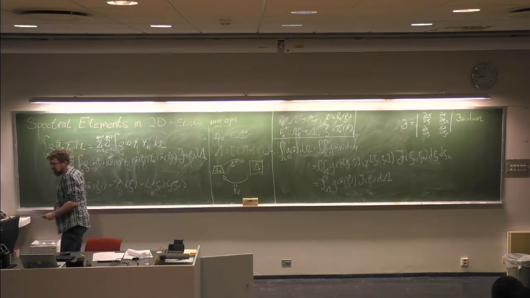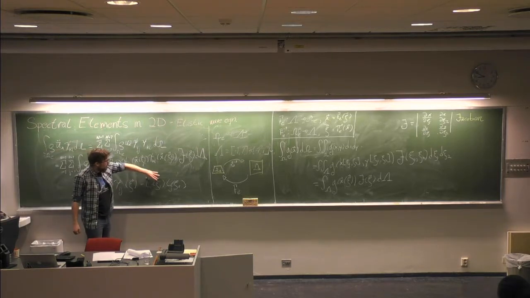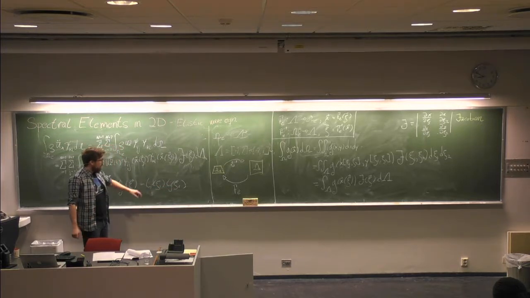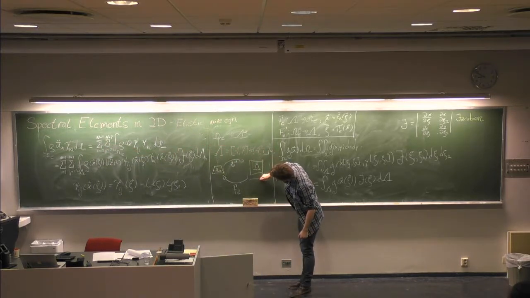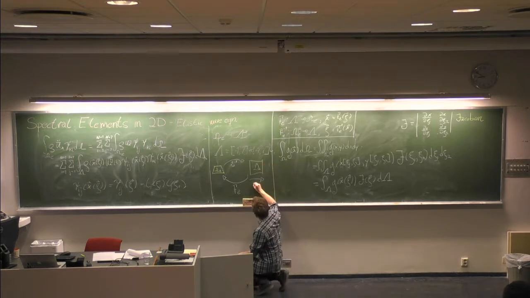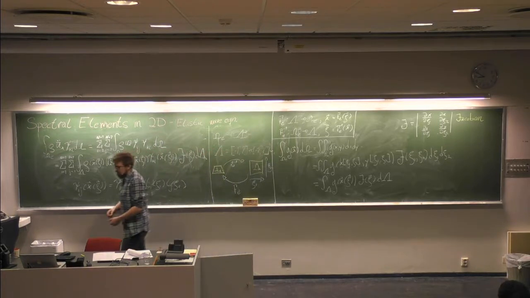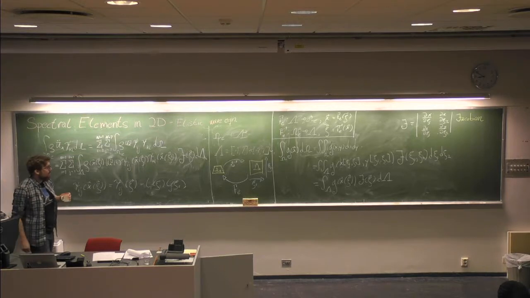So you see that it's just the product of a polynomial in the xi1 direction and a different polynomial in the xi2 direction. What are the xi1 and xi2 directions? Well, the xi1 direction is this way, and xi2 is just up. So instead of x and y, instead of introducing more symbols, we just said xi1 and xi2.